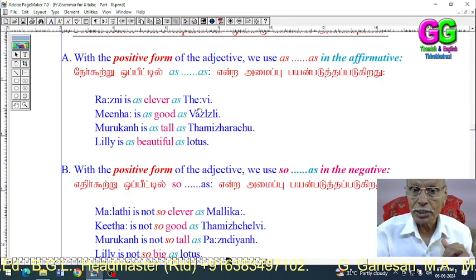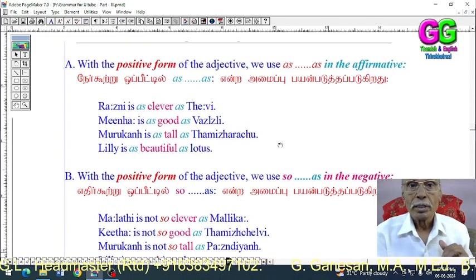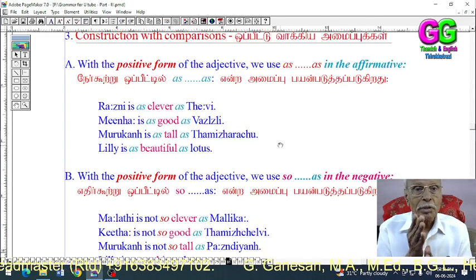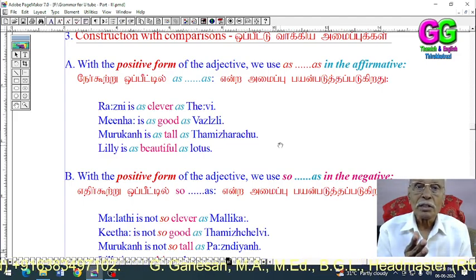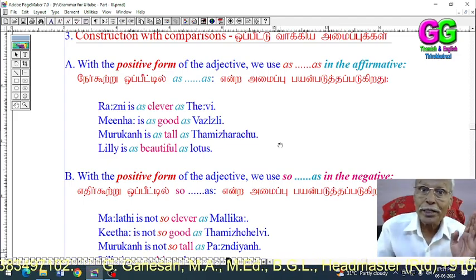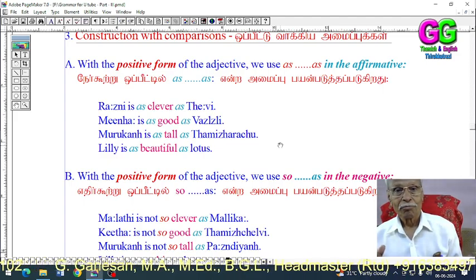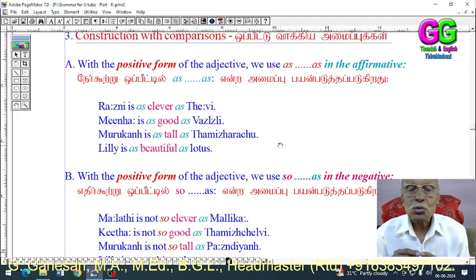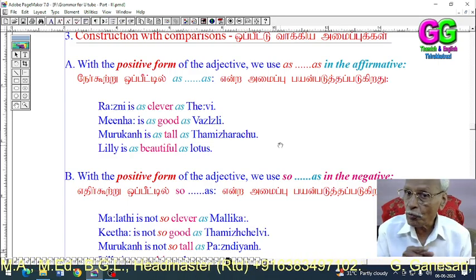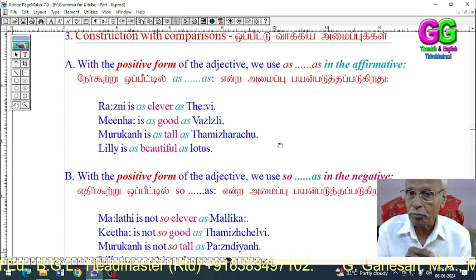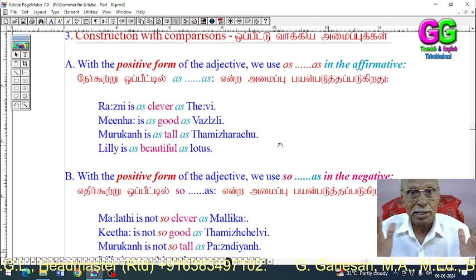Okay? But if the positive degree is used in negative meaning, we have to use the scale so as. For positive or affirmative degree, we have to use the scale as.